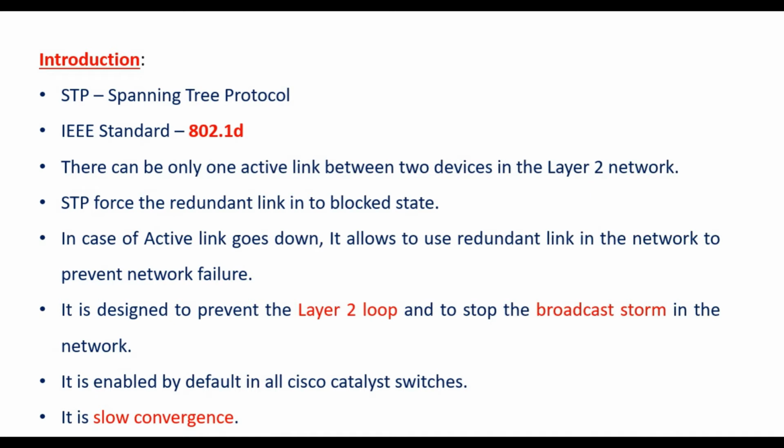Okay, and if the active link goes down, then immediately one of the other links which is in the block state will become active. It will go through some election process and it will come to active state.